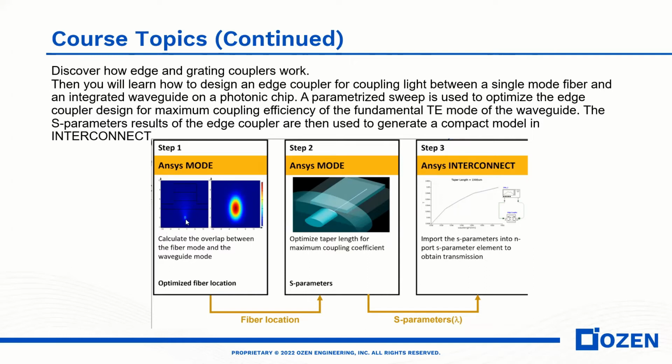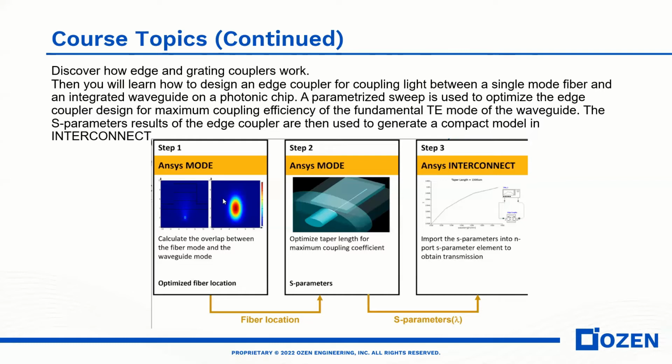You see here, this is a fiber and this is a waveguide. How to optimize a taper, and how to extract the S parameter from the previous section, import them into the Lumerical interconnect, create a circuit, and analyze it at the circuit level based on those parameters.